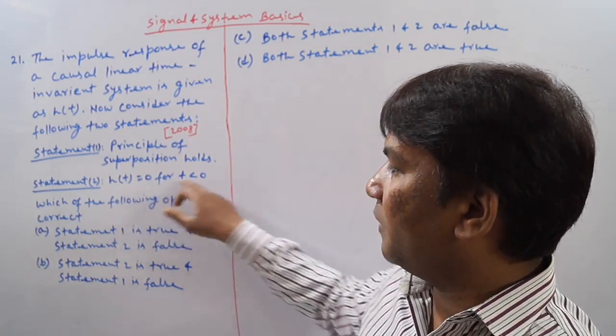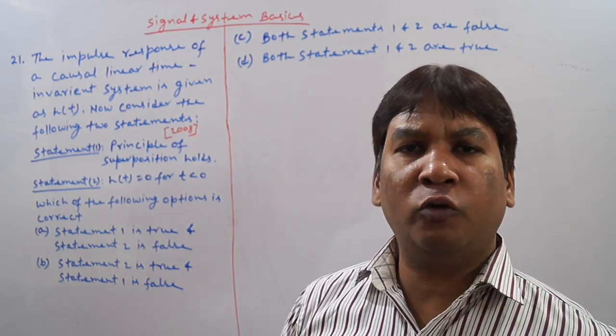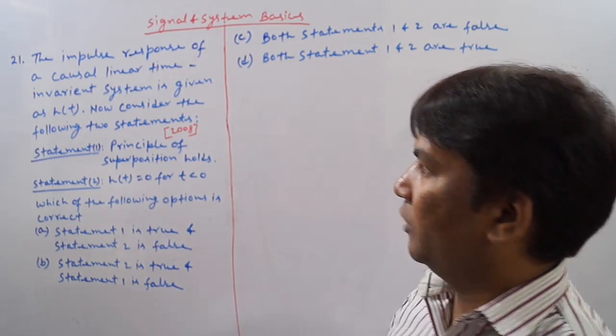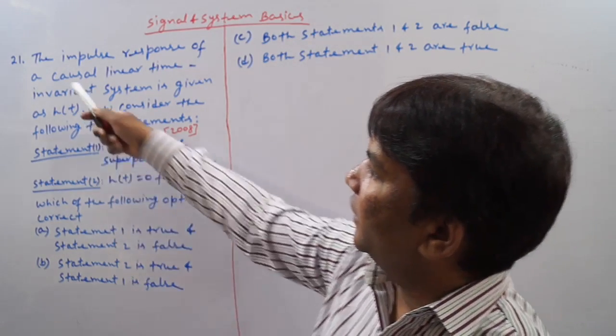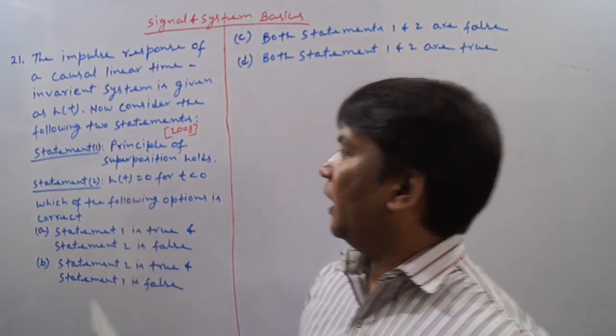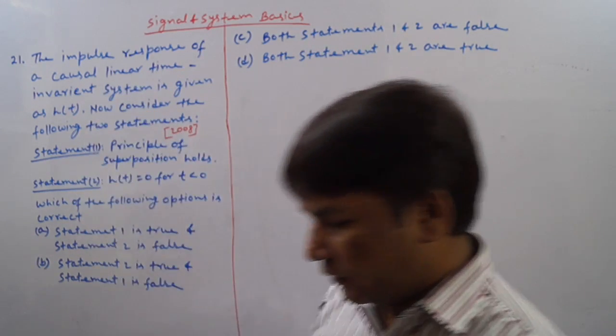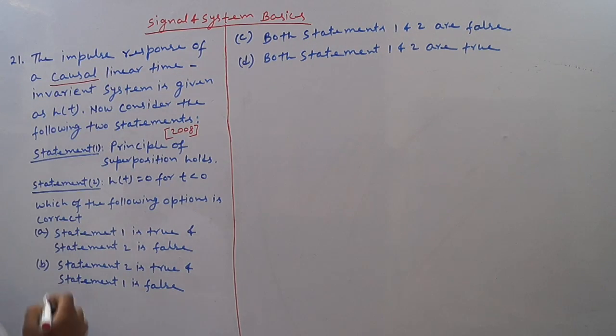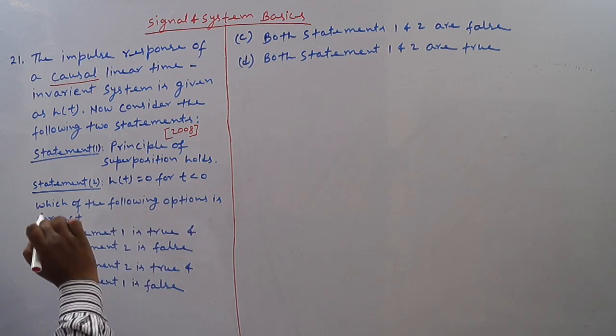So statement number 2 is correct. What about statement number 1, principle of superposition holds? It is given that it is a causal linear time invariant system, so since it is causal, the statement will be true.